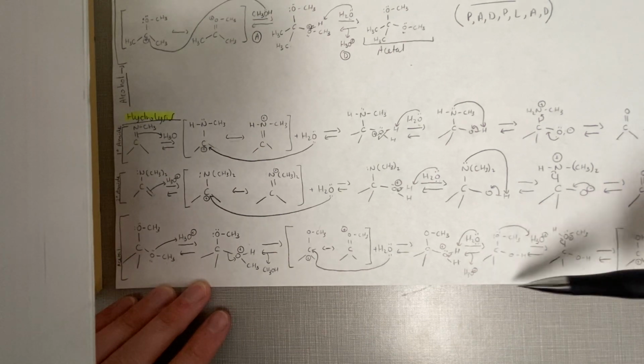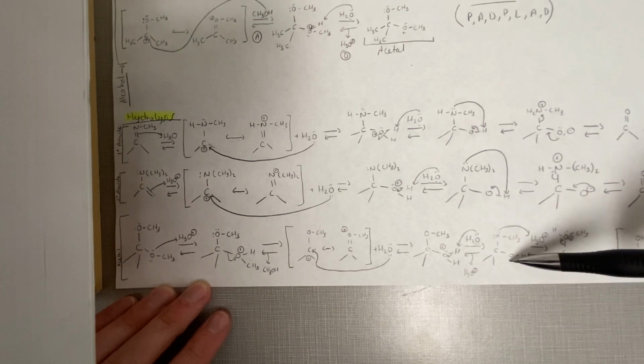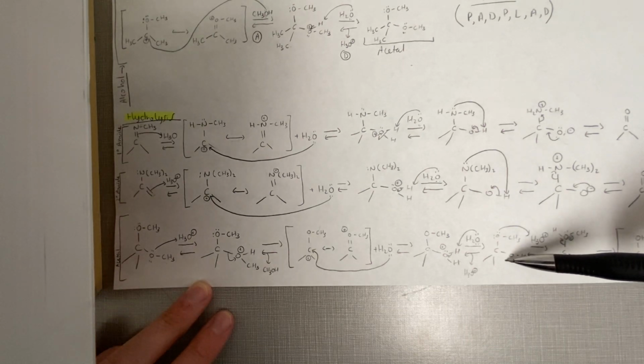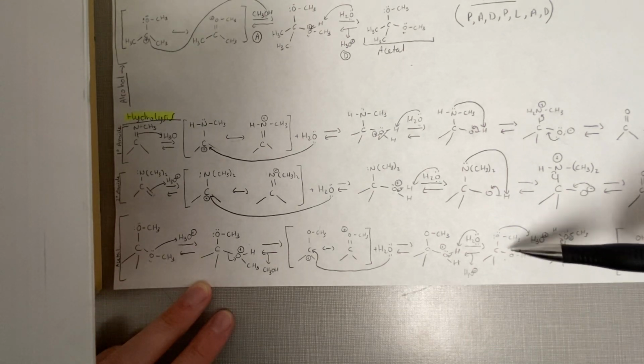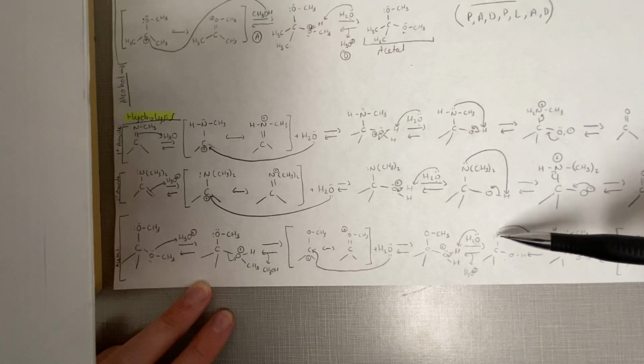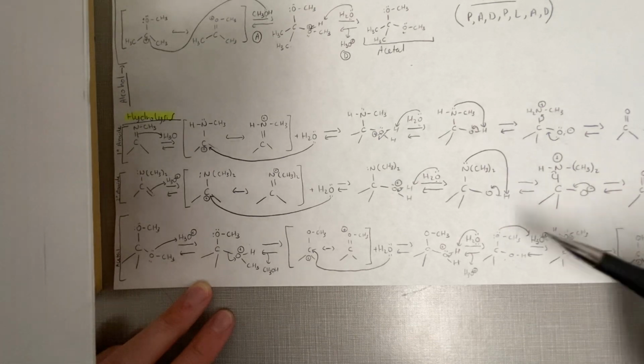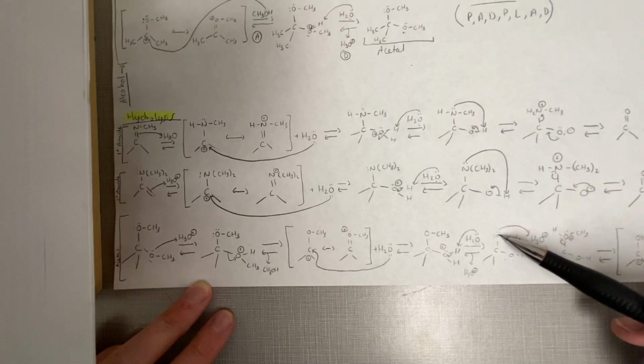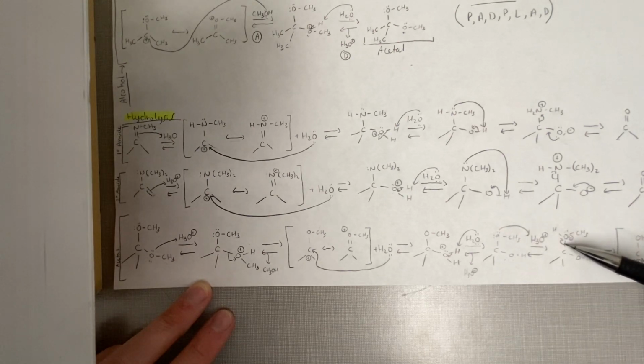And now we are back with our hemiacetal, and the only thing left is to redo that again, but with the other CH3O group here. So we protonate it again, making it a positive charge, ready to leave. Now that it's protonated and positively charged, it rolls back, it leaves.